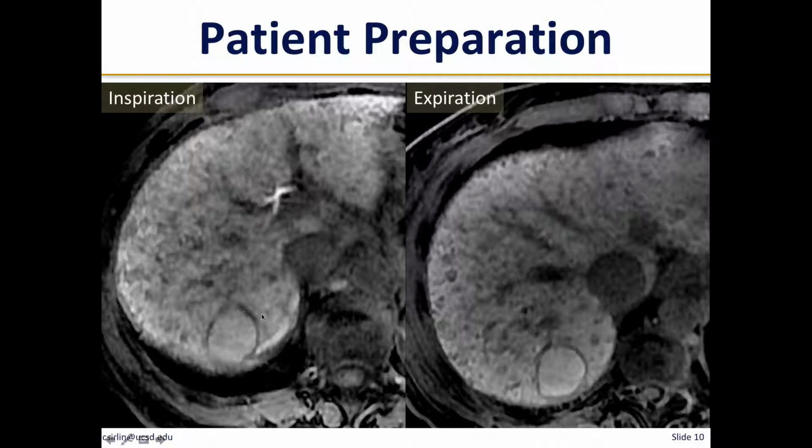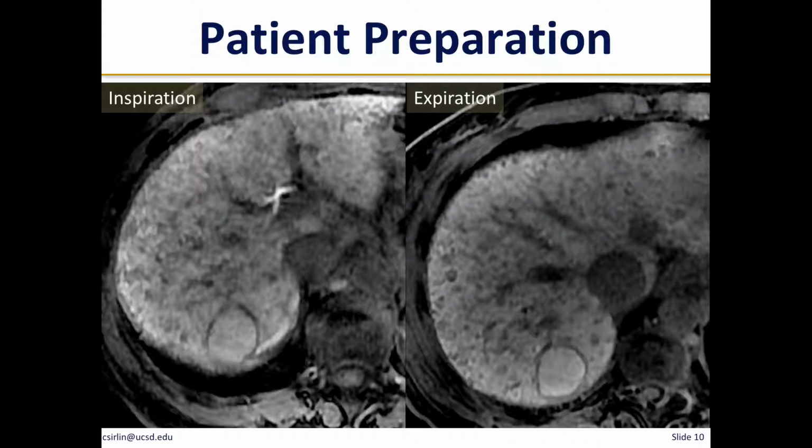But when she holds her breath in inspiration, even though she's actually comfortable, her diaphragm is quivering just a little bit, and it causes the images to be a little bit blurred, whereas when she holds her breath in expiration, look how much more sharply you can see this lesion. Look how much more clearly you can see the blood vessels in the liver, as well as this background of regenerative siderotic nodules. So if your patient can hold his or her breath in expiration, do your breath holding in expiration.